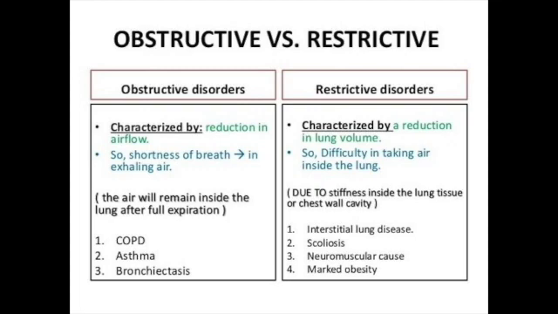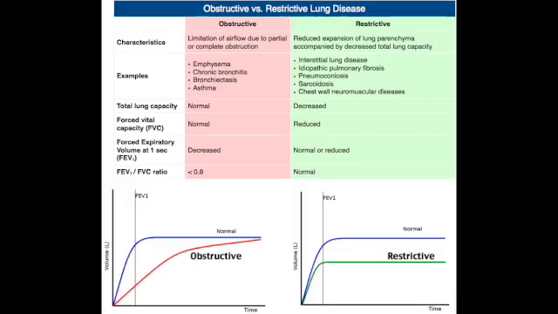And FEV1 decreases more than FVC. Compliance is increased, as in emphysema. Examples are asthma, COPD, bronchiectasis, cystic fibrosis. And also note that coal workers' pneumoconiosis often presents as an obstructive pattern, but the rest of the pneumoconioses are typically restrictive. Just coal workers' is obstructive.